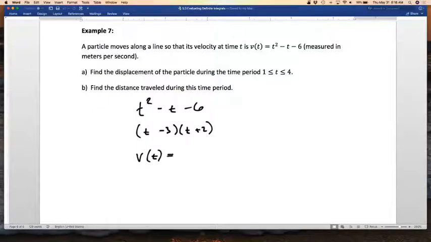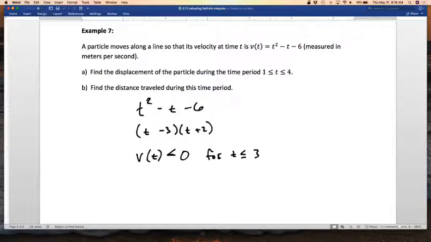The velocity is negative for t values less than or equal to 3. Actually we'd put this between -2 and 3. But the key is that up until 3 we have negative values.